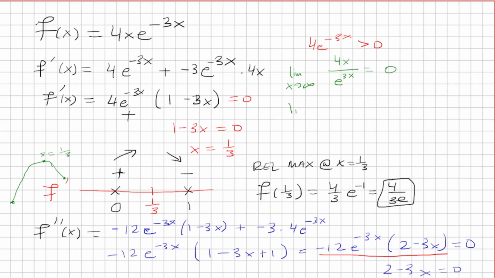Now when we take the limit as x approaches negative infinity, I'm going to rewrite it as this, just like it was originally, 4x e to negative 3x. Because then it's going to be obvious, because 4x goes to negative infinity, and then e to negative 3x is going to go to positive infinity. So infinity times infinity is infinity, so this will be negative infinity.